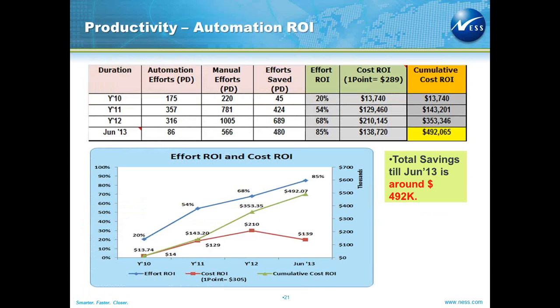This is the automation ROI, which is being captured year over year, and we currently stand at 85% of effort ROI on the automation, which has led to a savings of around $492K over these years, and this is a huge savings on the cost.